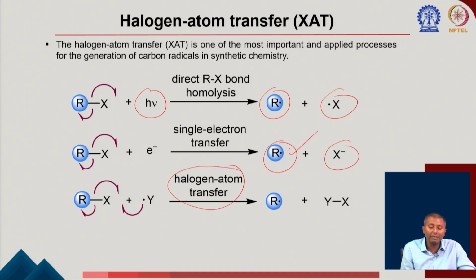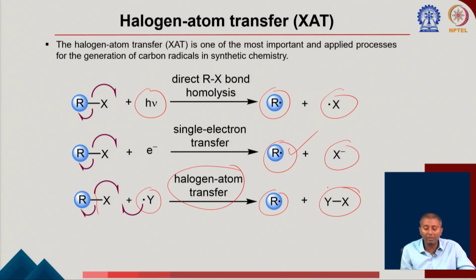So what is happening here? You can think about it as giving another radical which is going to cleave this RX bond, which is going to take this X as an X dot, and then you are generating an R dot. So now you are forming the YX.